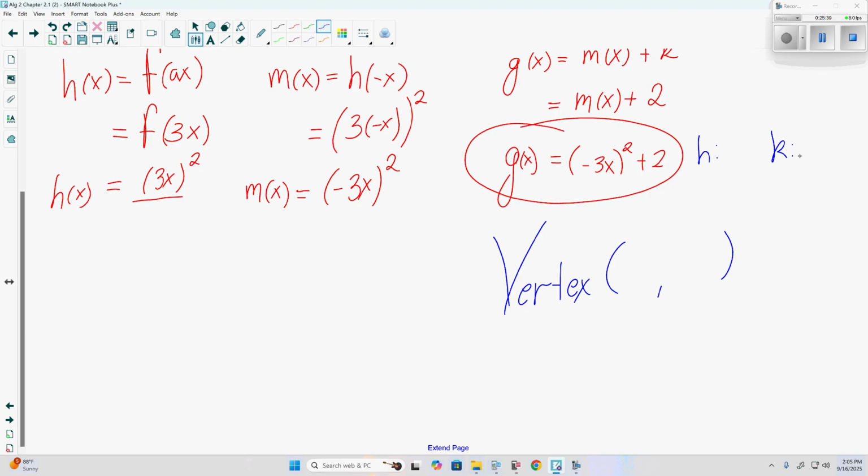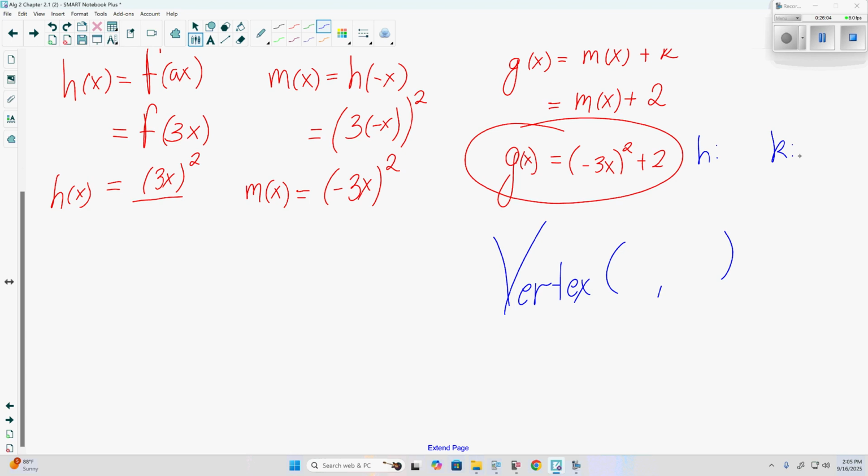What's the value of h? We put the parentheses here to show that we're replacing h of x with the x squared term. We're plugging in place of it. In this case we don't really need it because there's nothing being applied to it.